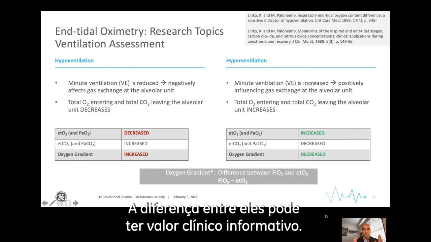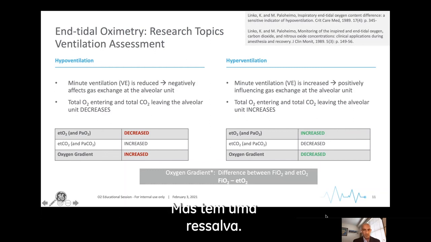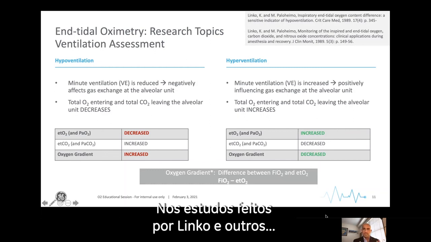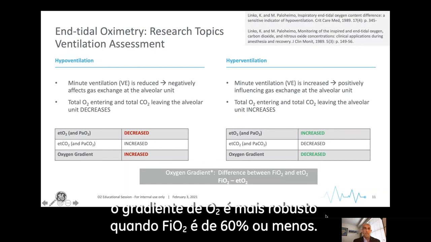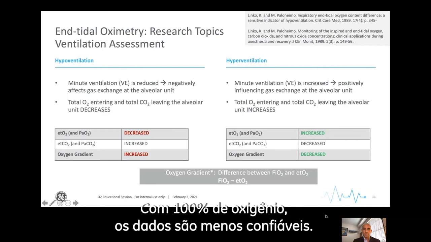The difference between those two can be a clinically informative value, with one caveat. Typically, the studies done by Linko and others show that the oxygen gradient is most robust when the FiO2 is 60% or less. So if you're on 100% oxygen, it becomes unreliable, as an example.